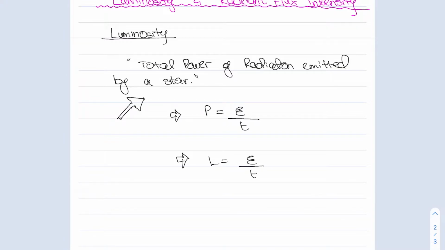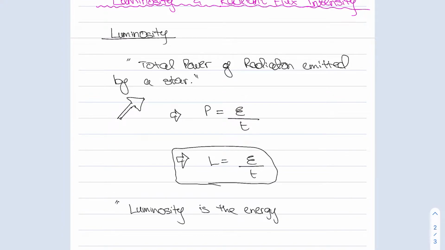Or if you want to link closely to the formula I wrote, you can also write: luminosity is the energy of radiation emitted by a star per unit time.